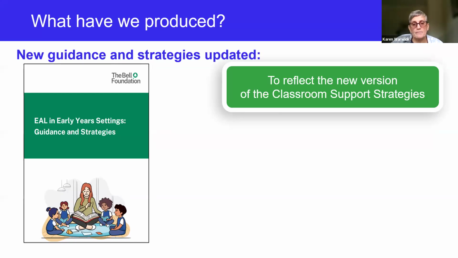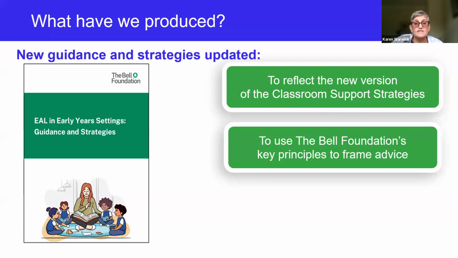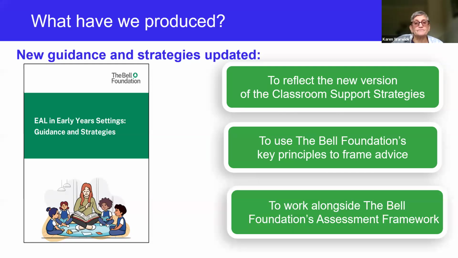And again, this will be picked up on a little bit later in the presentation. There is also guidance on how the document can work alongside the Bell Foundation's framework to assess proficiency in English for young learners.